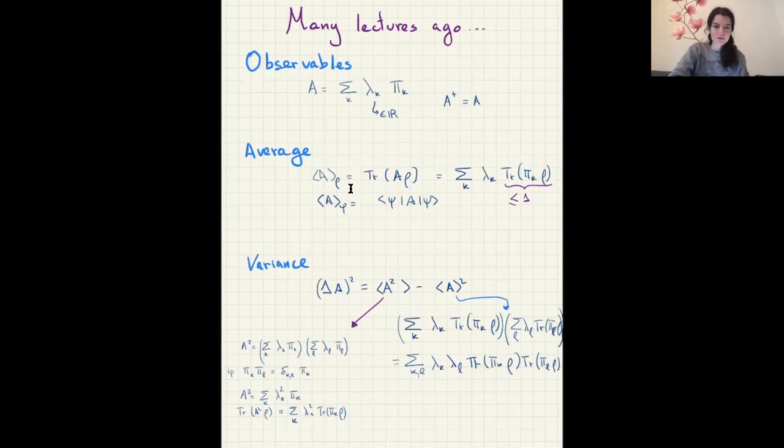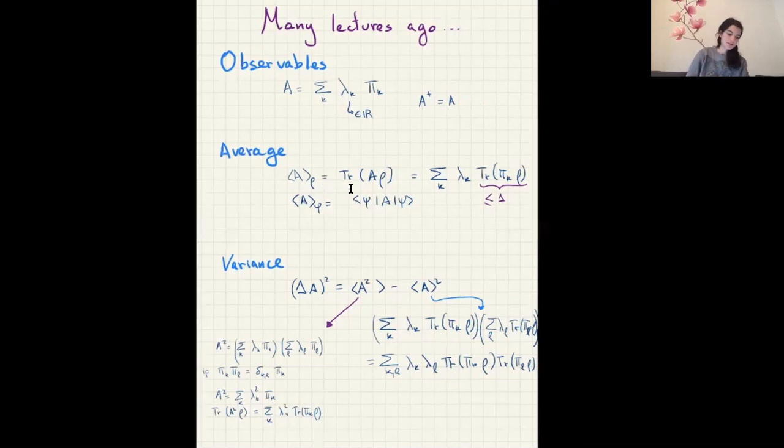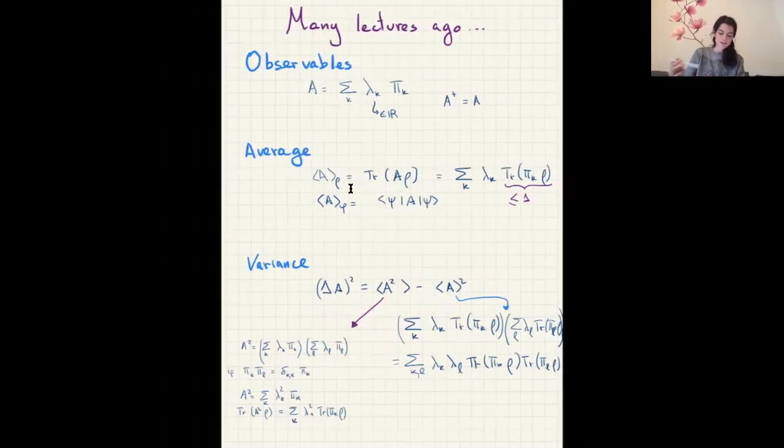And now we want to show the uncertainty principle. So we're going to define the variance in a slightly different way first.